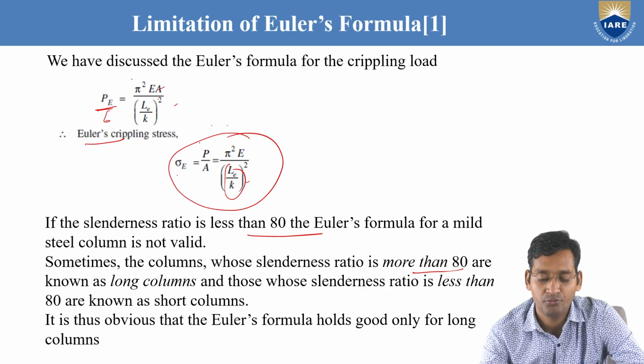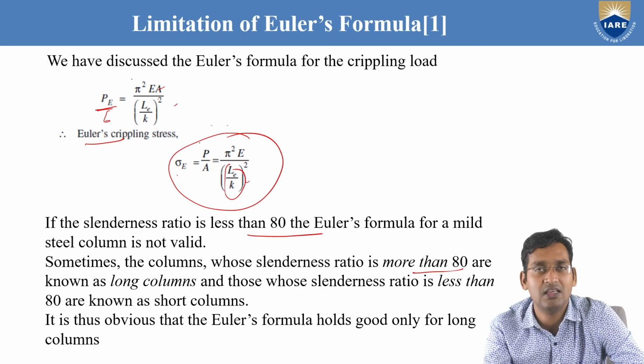If LE by K is more than 80, it's a long column, and if it's less than 80, it's a short column and we cannot apply Euler's formula. Euler's formula is only for LE by K greater than 80.